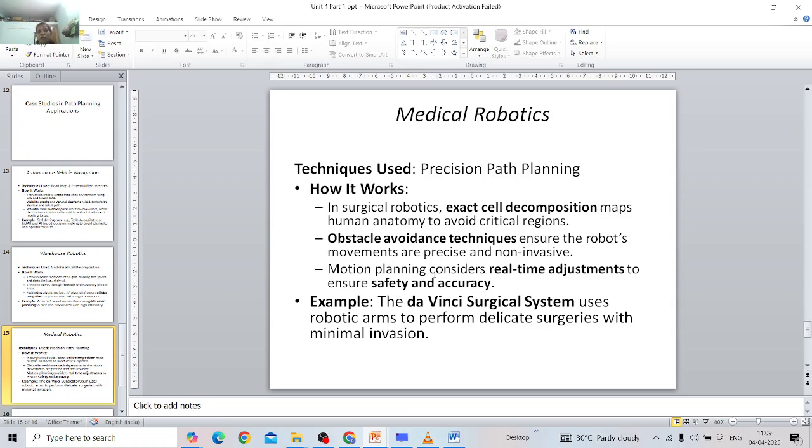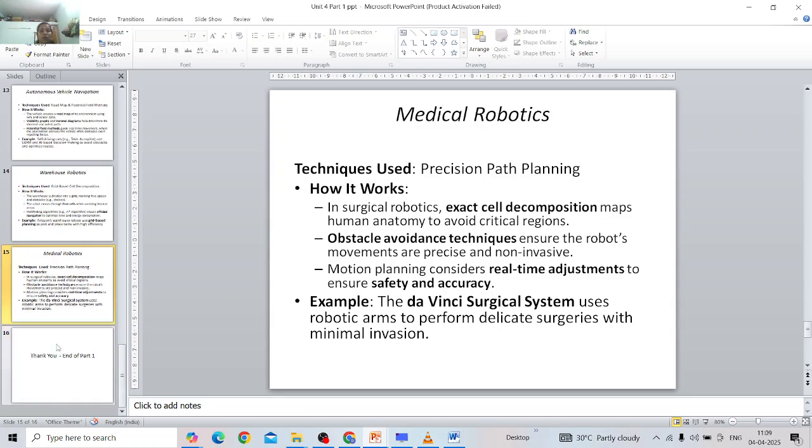And next, motion planning considers real-time adjustment to ensure safety and accuracy. One of the examples of medical robotics is the Da Vinci surgical system, which uses robotic arms to perform delicate surgeries with minimal invasion.